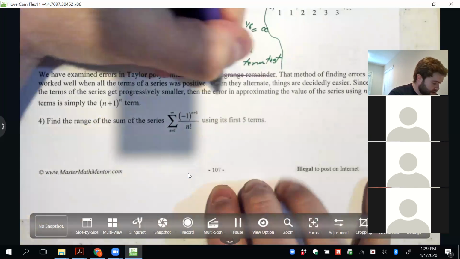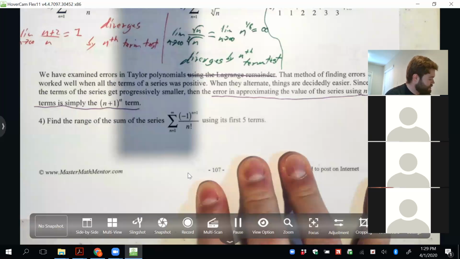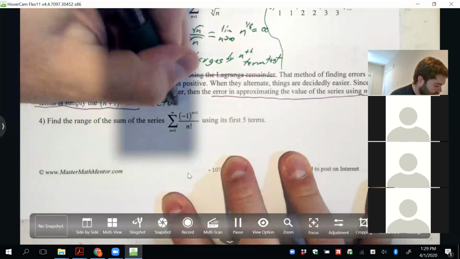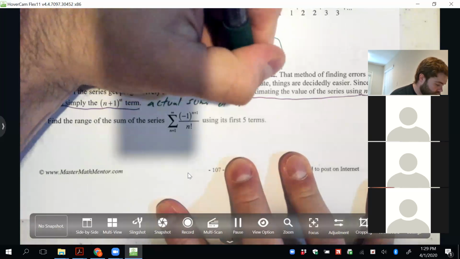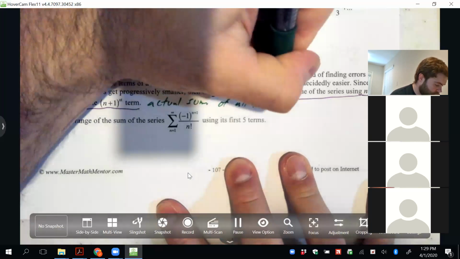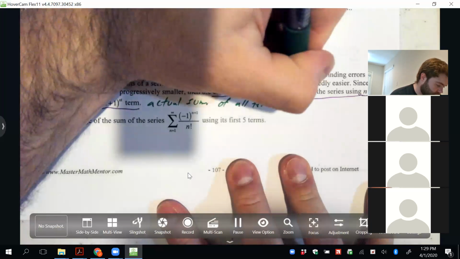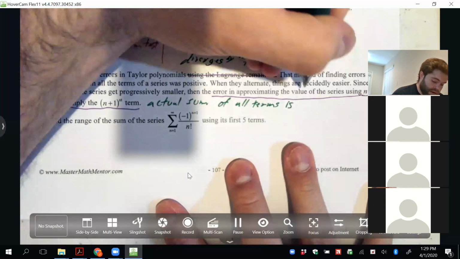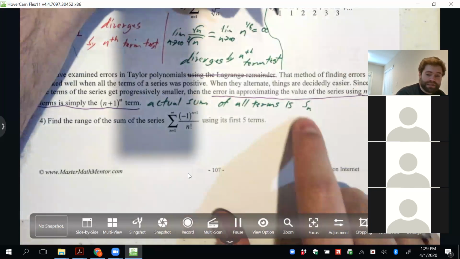And I'll rewrite that slightly differently, maybe it'll make a little more sense. What that means is that the actual sum of all terms is, okay, S sub n represents a partial sum.